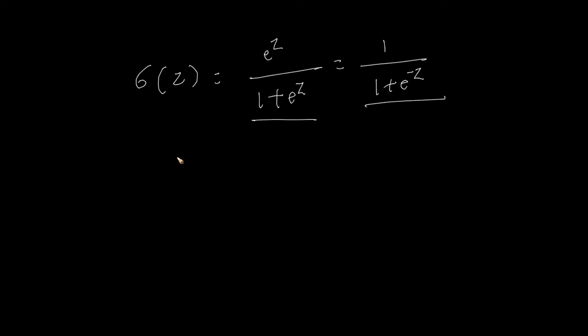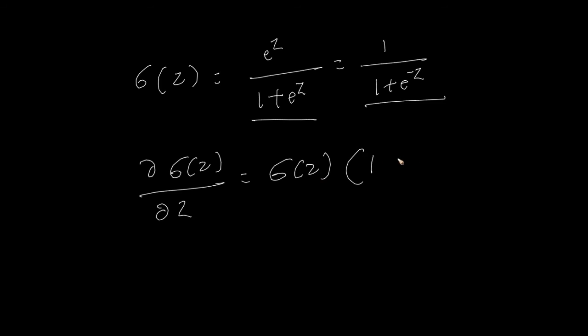There are many reasons why sigmoid was used as an activation function, but one of the most important reasons is this. If I take the derivative of sigmoid of z with respect to z, it looks like sigma of z into 1 minus sigma of z.